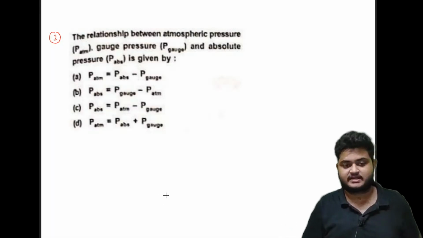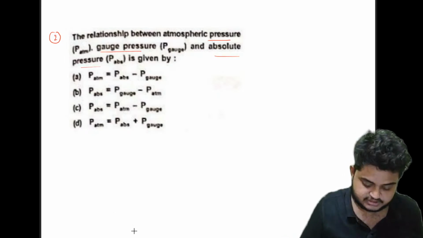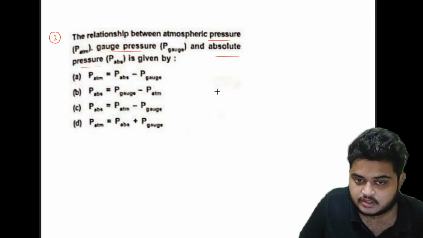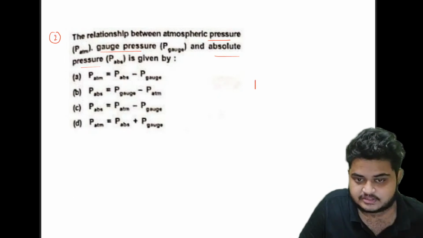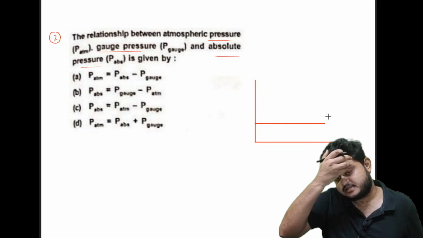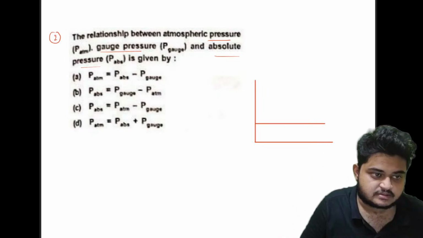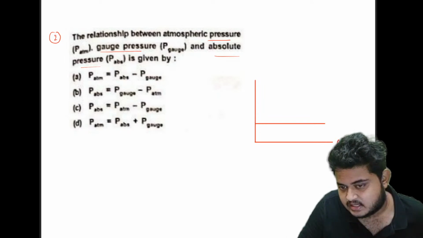Okay, this is the second question, and the question is asking the relationship between atmospheric pressure, gauge pressure and absolute pressure. So I have already discussed in the previous class what is the relationship between atmospheric pressure, gauge pressure, and absolute pressure. So let us name this as absolute, and let us name this as P atmospheric.